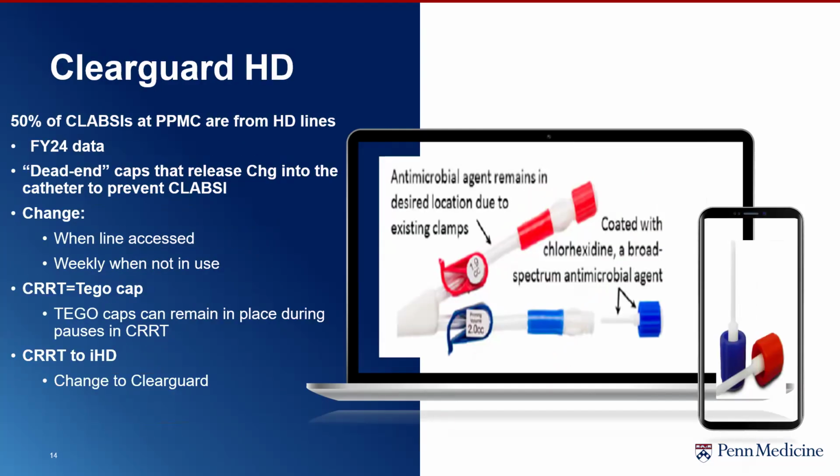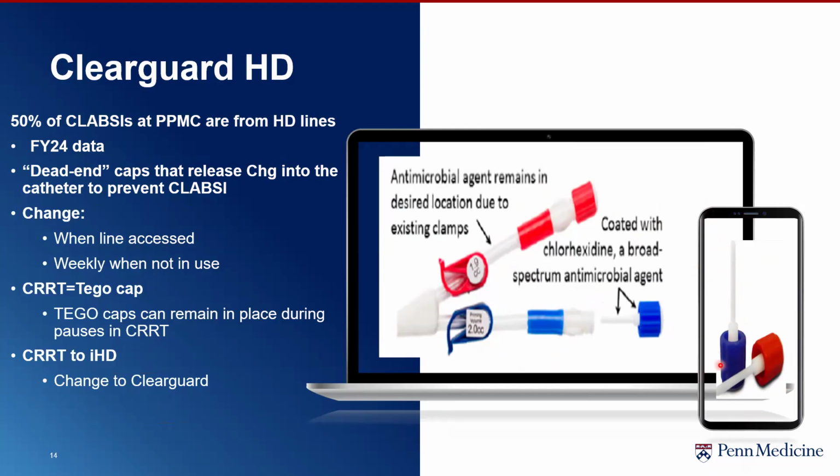Recently, probably within the last year or year and a half, we switched over to the ClearGuard caps. The ClearGuard caps are different in that they are dead end caps, unlike the valves of the Tego catheters. They also are coated with CHG on this long stick that goes into the catheter.